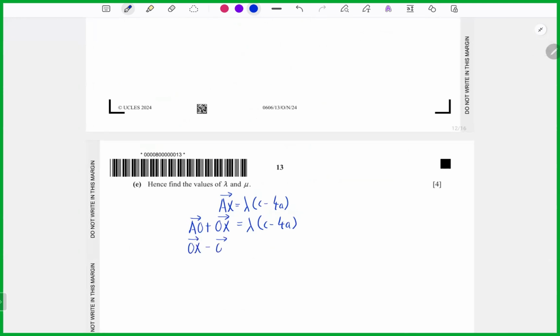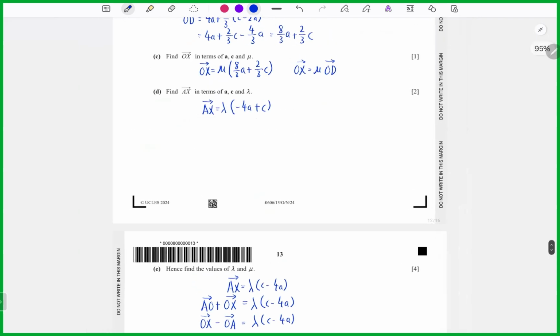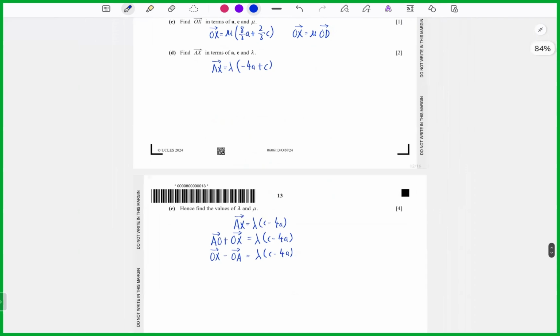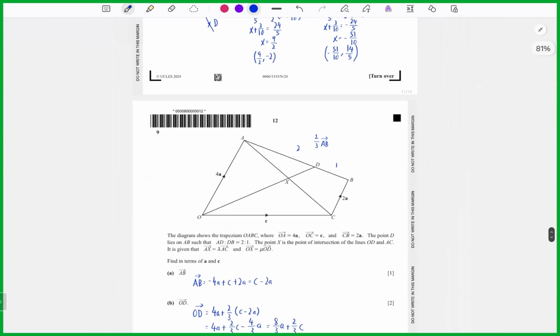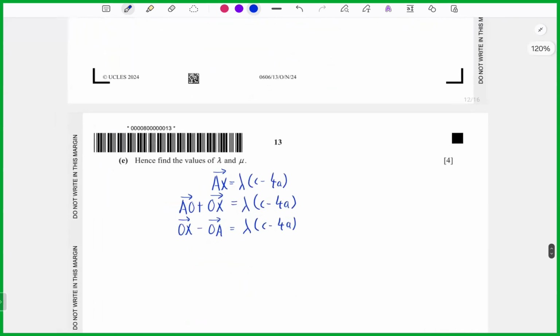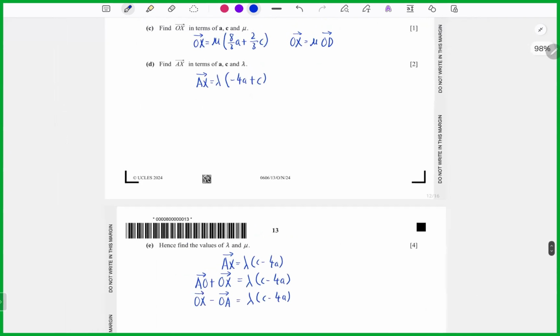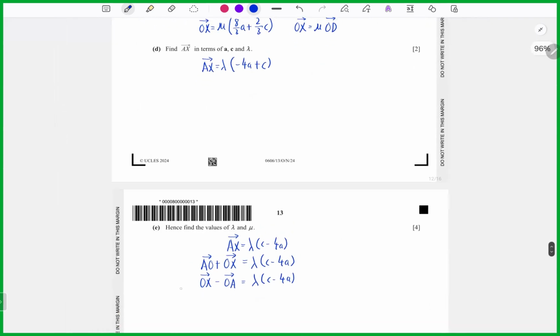OA is 4a. So I can take 8 over 3 mu a plus 2 over 3 mu c minus 4a equals lambda c minus 4 lambda a.